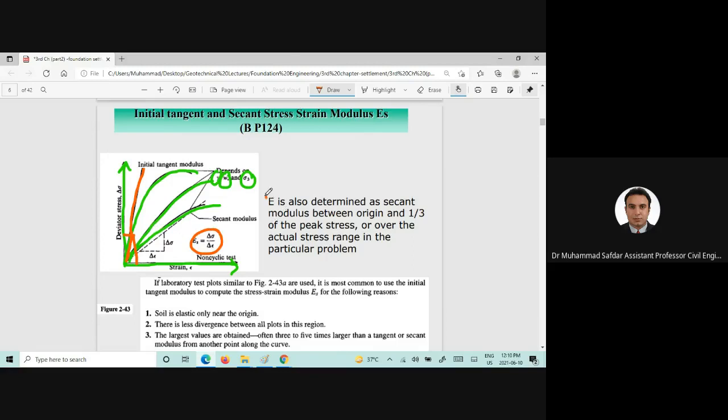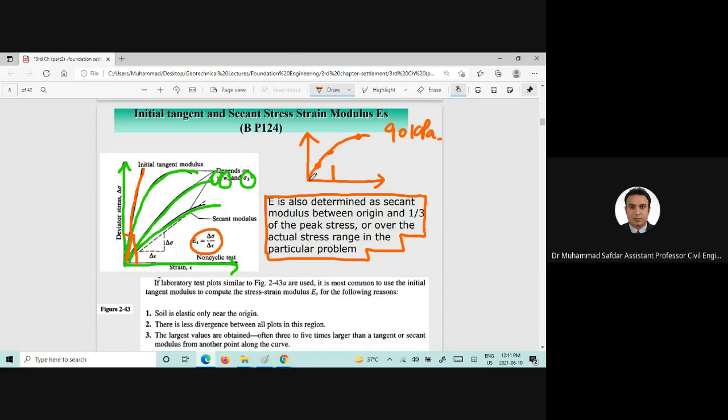Now there is a statement given here that if we want to find out the secant modulus, for example, the peak value which we got from the stress strain behavior is 90 kilopascal. We can divide that in 3 equal increments, for example 30 kPa and 30 kPa.